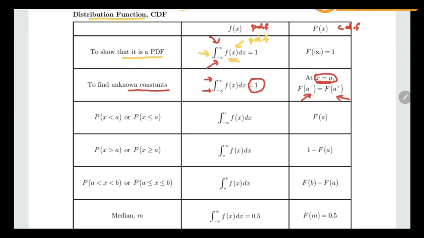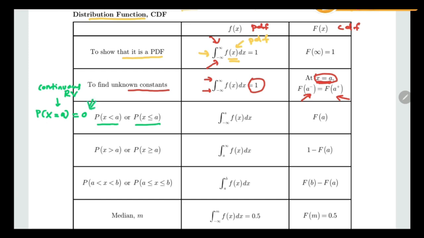Then continue with finding the probability. If the question asks for the probability of X less than a or X less than or equal to a, it's equivalent. In a continuous random variable, these are equivalent since P(X = a) equals 0.